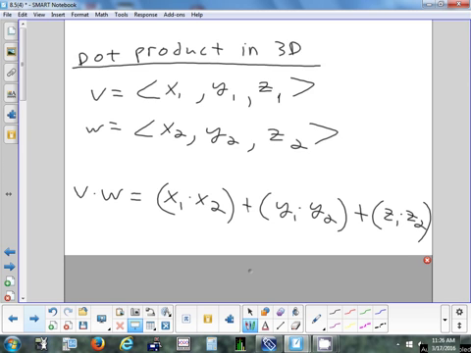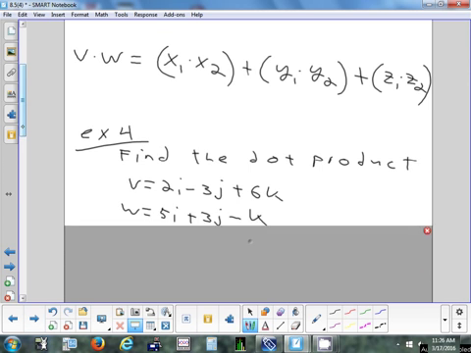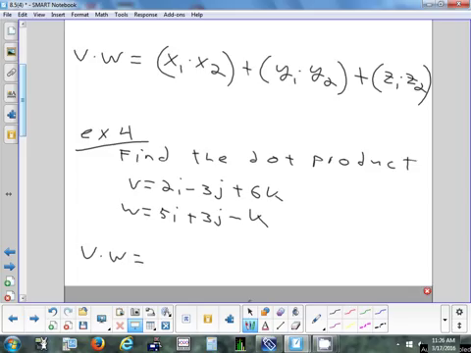All right, let's try a dot product. Vector v is 2i minus 3j plus 6k, and w is 5i plus 3j minus k. We'll write it out like what times what plus what times what. Jacob, what are the first two things I would multiply together? 2 times 5.